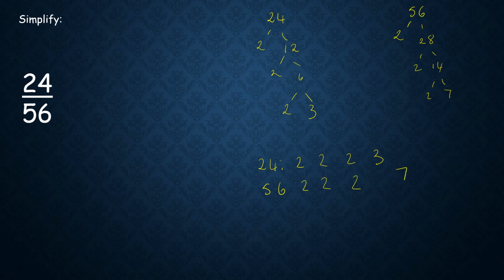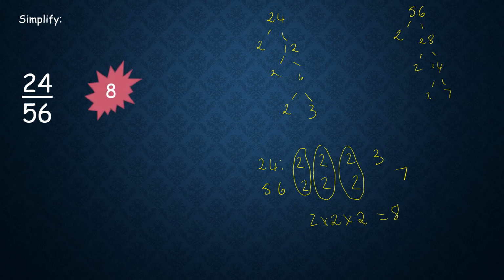Okay, and again, I'm only going to be doing those ones that are the same, that are common, which are the 2's. So 2 times 2 times 2, which is 8. So 8 is our highest common factor with these two numbers.